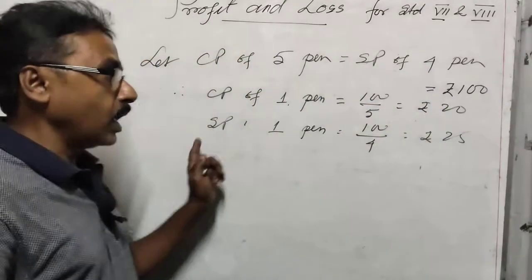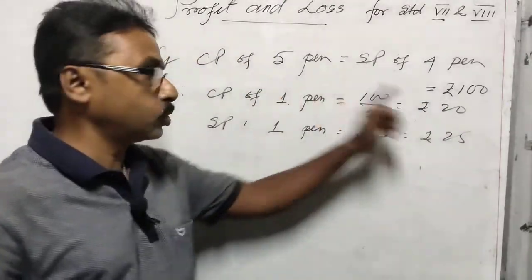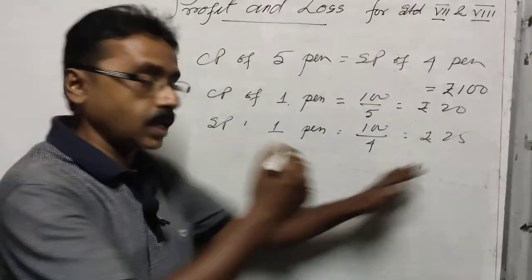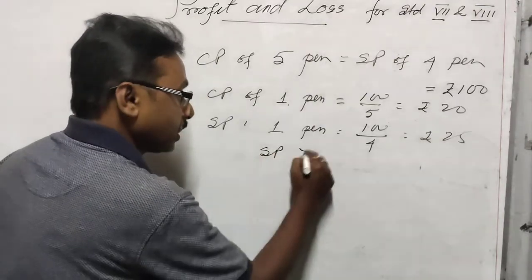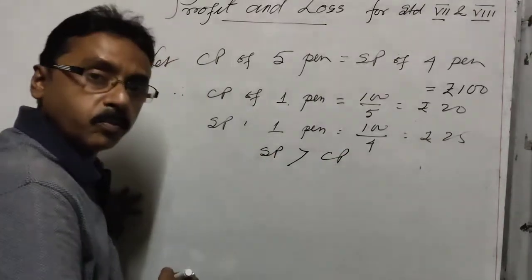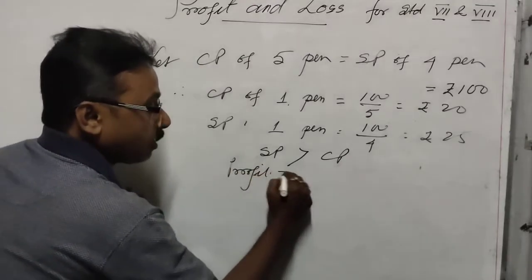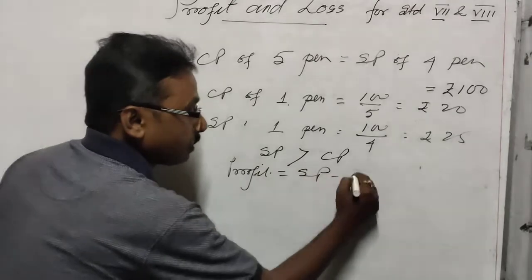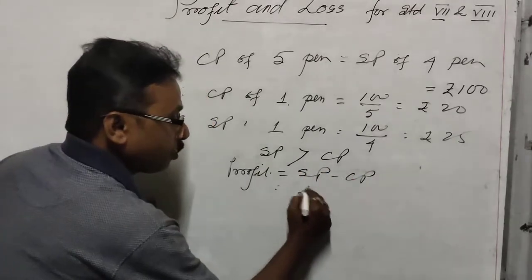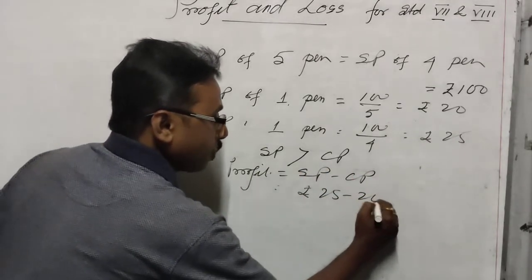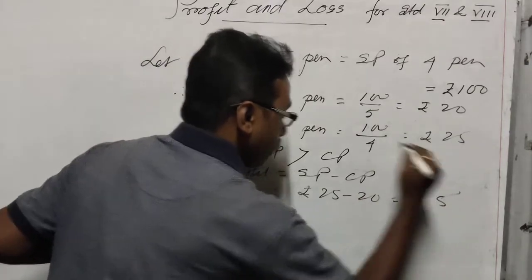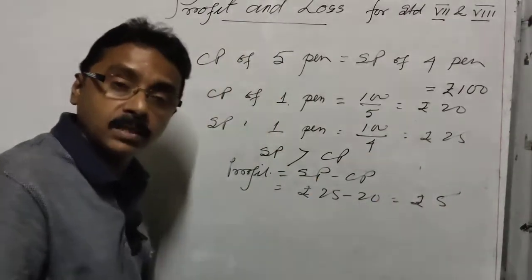So here we have SP as rupees 25 and CP as rupees 20. SP is greater than the CP, so that is profit. How much profit? SP minus CP, that is rupees 25 minus 20, which is rupees 5. Now what is the percentage of profit?